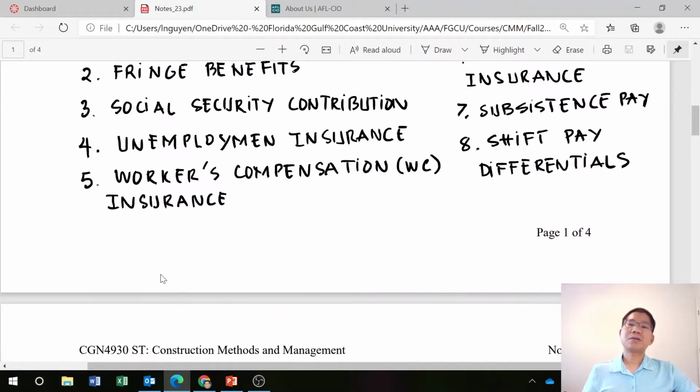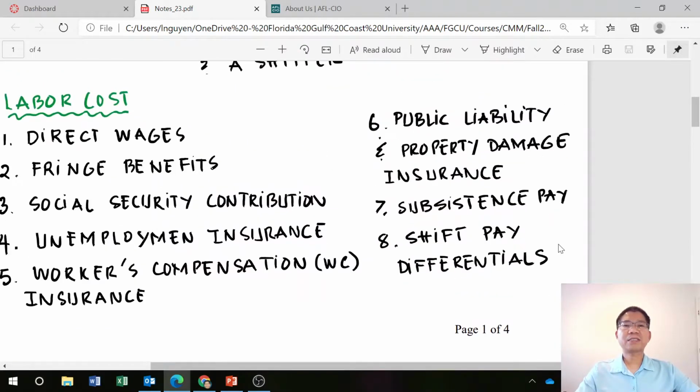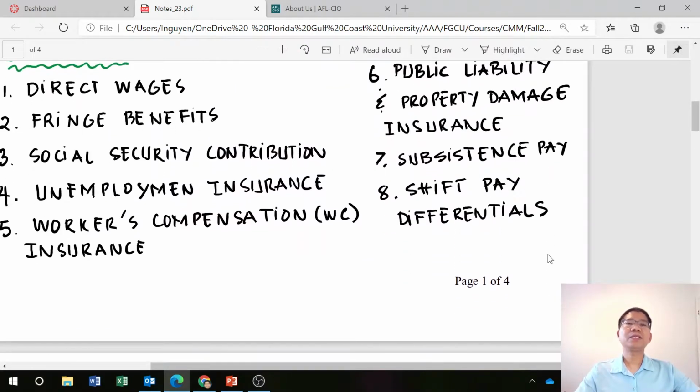Workers' compensation, WC insurance. So in this class, WC stands for workers' compensation, not something else that you're thinking about. And then number 6, public liability and property damage insurance. Public liability insurance, property damage insurance.